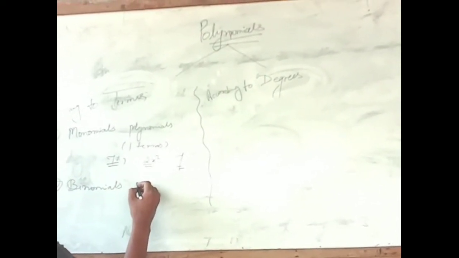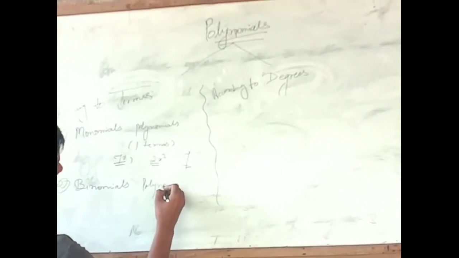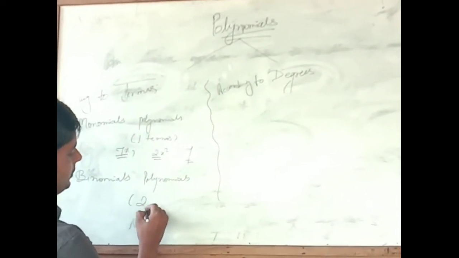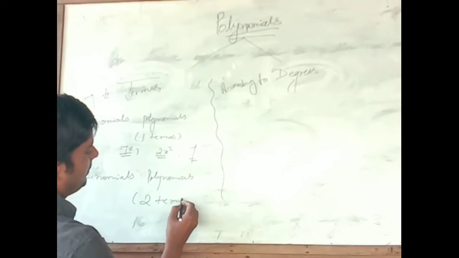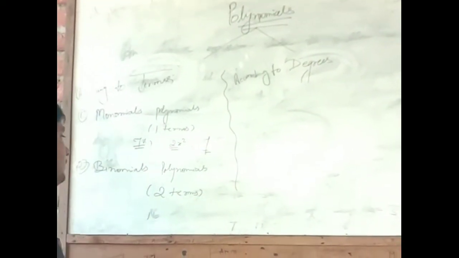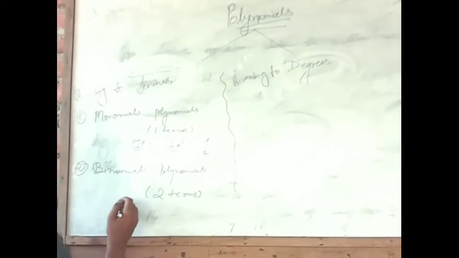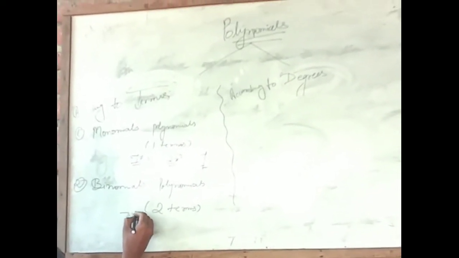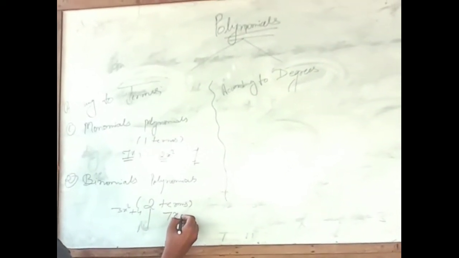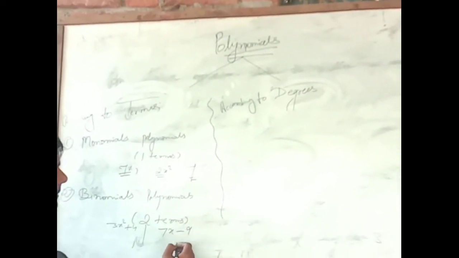Now, a binomial: a polynomial which has two terms is called a binomial. For example, 3x² + 4 and 7x − 9.